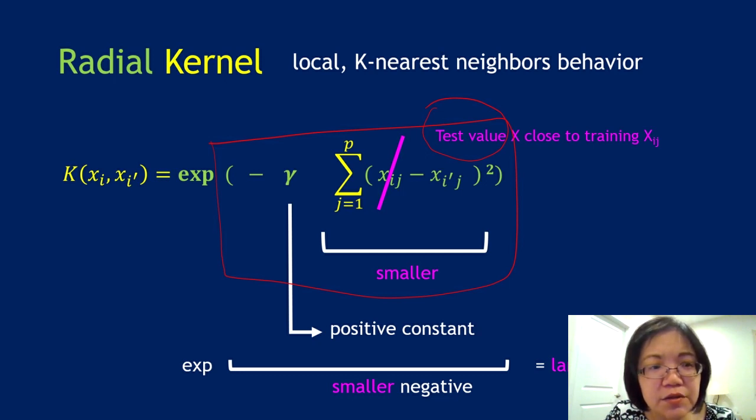So radial kernel behaves very similarly to local regression or k-nearest neighbors, in the sense that only the points that are closer have more influence, meaning they give you a larger kernel. Points that are far away give you less influence, and that will give you a smaller kernel.